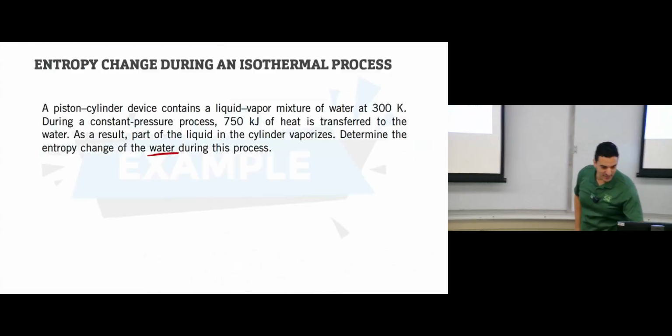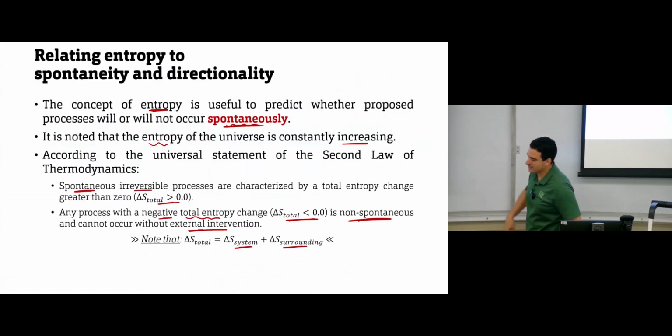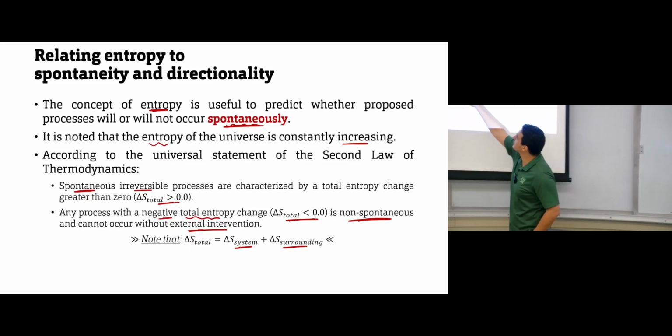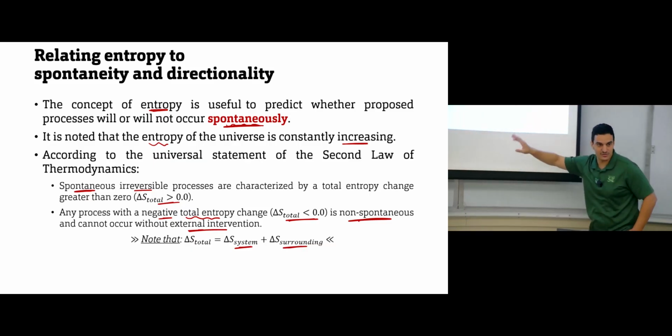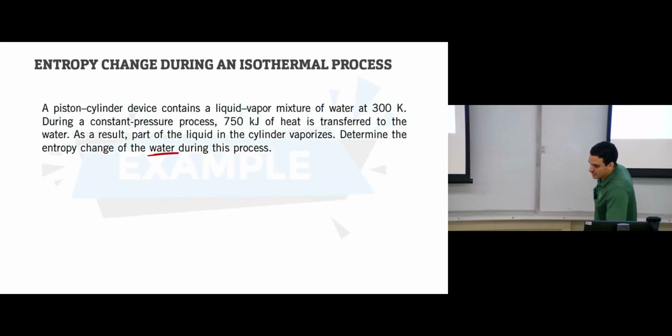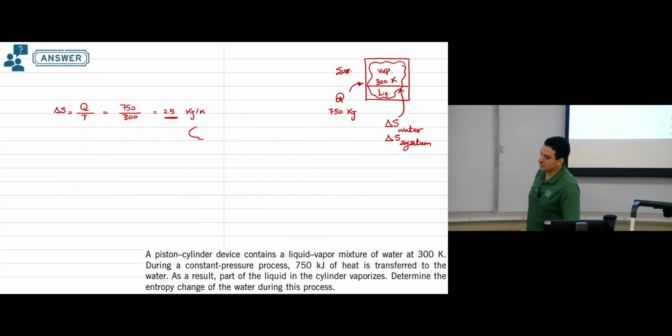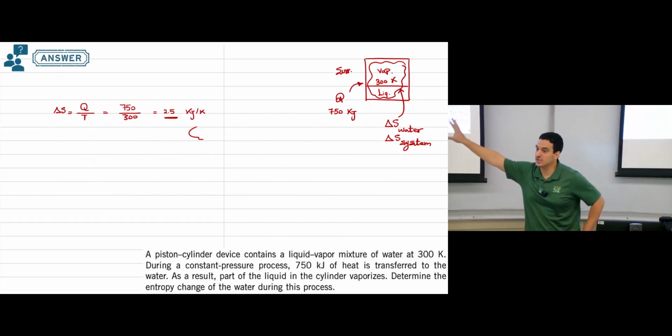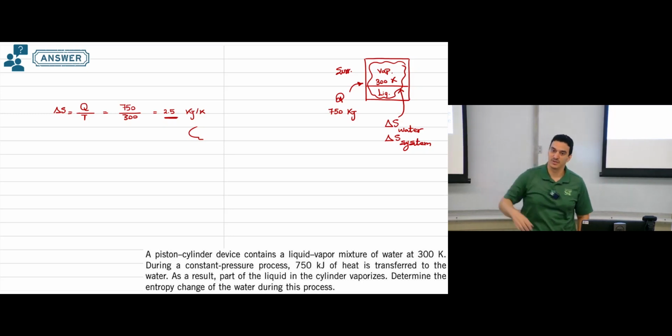Okay. Let's get back to the earlier slide. Here we said, if delta S total is more than zero, the process is spontaneous. If less than zero, the process is non-spontaneous. So according to what we have here, delta S is 2.5 kilojoule per Kelvin, positive. So can we say this process is spontaneous? Yes or no? Yes.